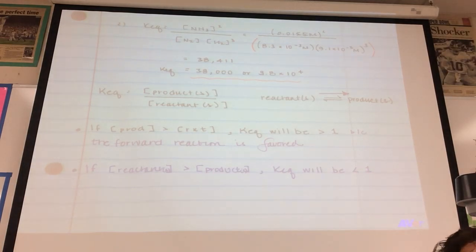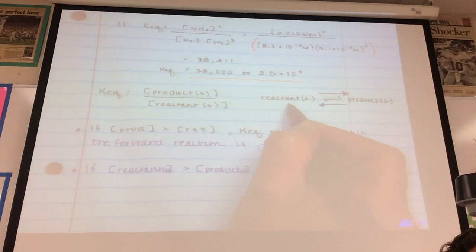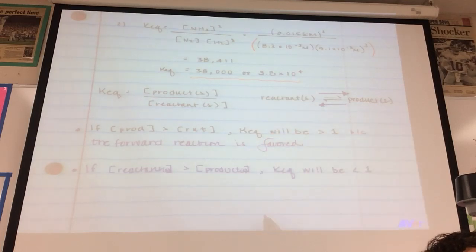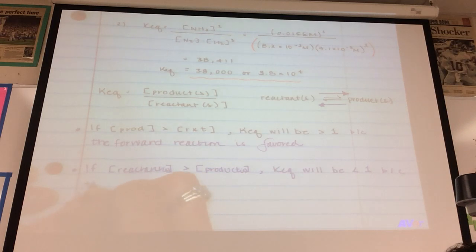So in this instance, the reverse reaction is favored because your reactant concentration will be greater than that of the product. So when KEQ is less than 1, this is because the reverse reaction is favored.